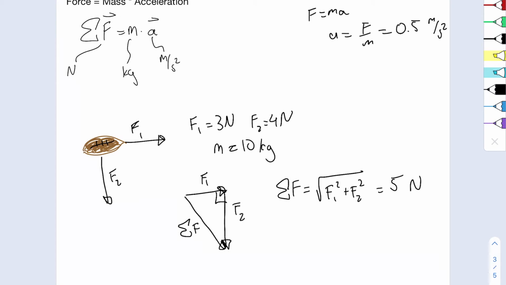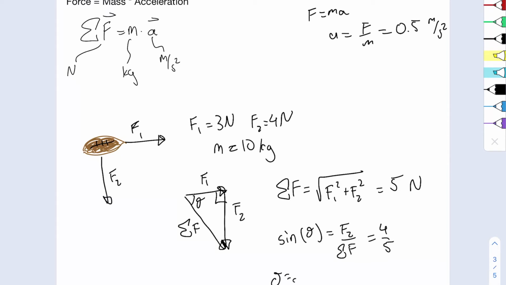In order to find the direction of the net force, we can try to find this angle theta right here, using some basic trigonometry. From the definition of the sine function, sine theta in this case would be F2 over the net force, and that would be 4/5.